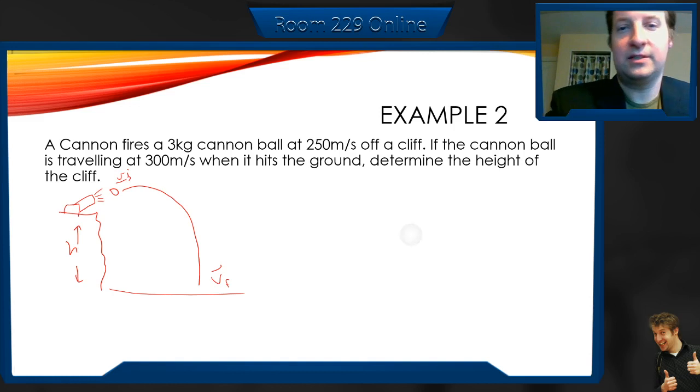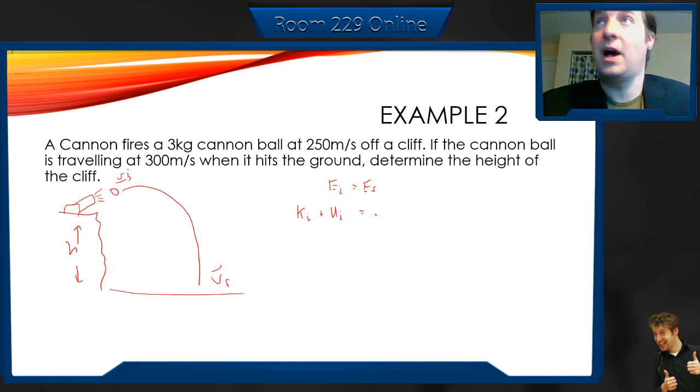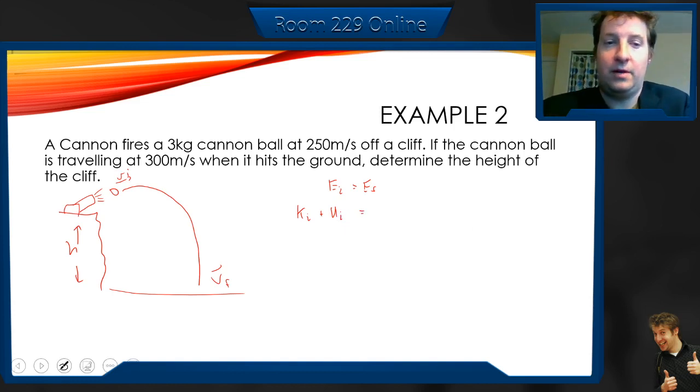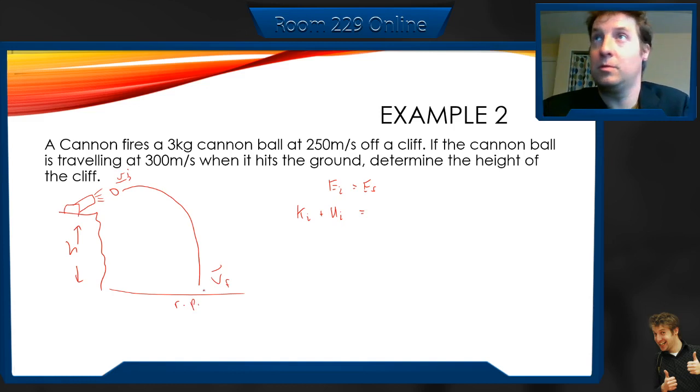So let's just go back to our simple expression of energy. Initial energy is equal to final energy. Initially, it has some kinetic energy from the chemical energy released in the gunpowder, and it has a potential energy because it's some height above the ground. We're going to use the ground as my reference point for 0 potential energy.